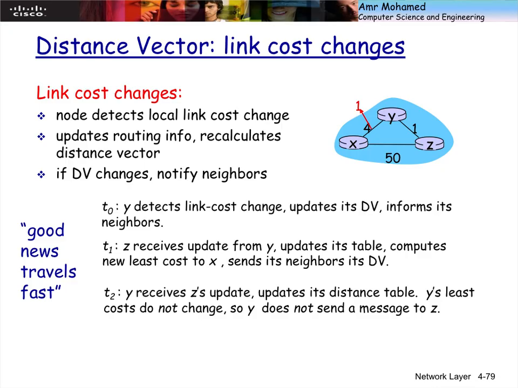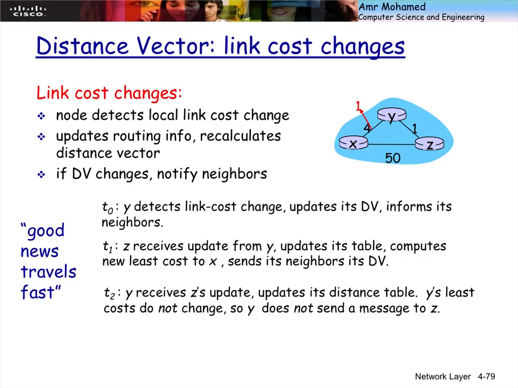At any point of time, node X and node Y realize that we have changed from a wireless link to an Ethernet link. A wireless link used to have, say, less bandwidth. Now with Ethernet we have larger bandwidth. So the cost drops from 4 to 1.